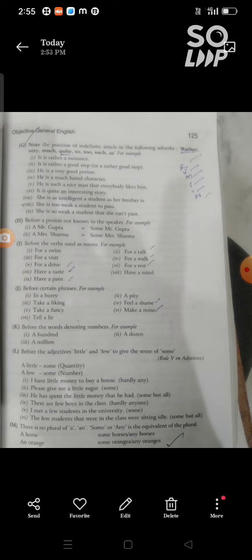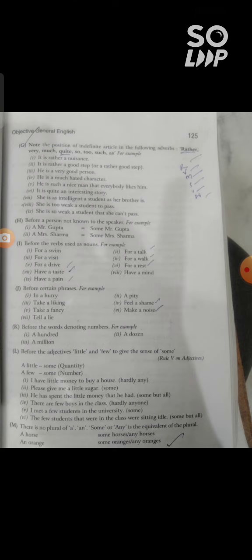Before verbs used as nouns. Sometimes verbs are used as nouns. In such cases we should use the indefinite articles, a or an. For a swim, for a visit, for a drive, have a taste, have a pain, for a talk. Now you see that swim, visit, drive, taste, pain, talk, walk, rest, mind: these are all verbs actually, but they are used as nouns. When verbs are used as nouns, definitely we use indefinite articles, a or an. This is one important rule.